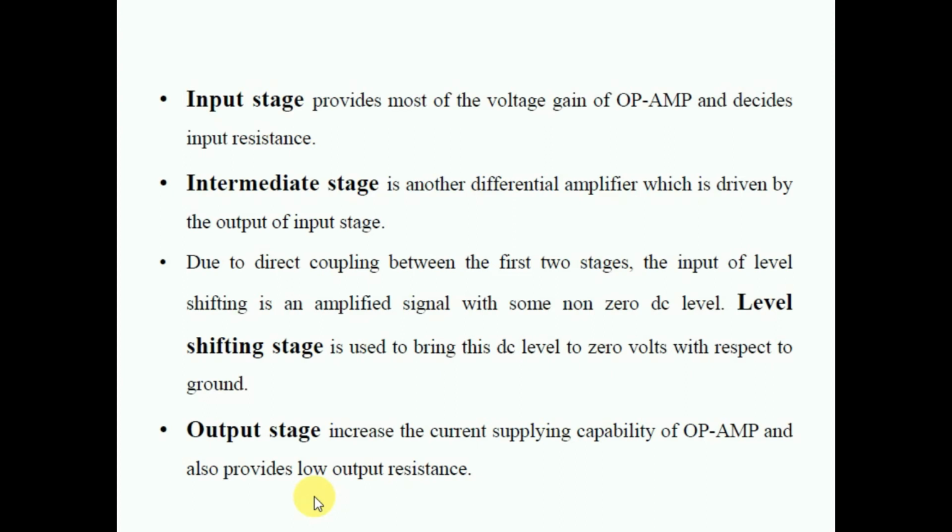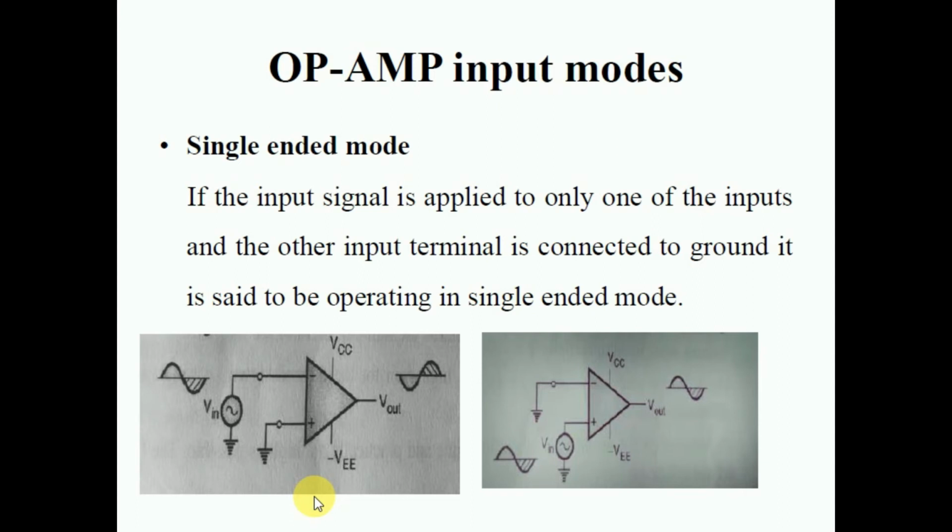Then what do we exactly mean by this? The operational amplifier input side resistance, or impedance, must be high, and the output side resistance must be low.